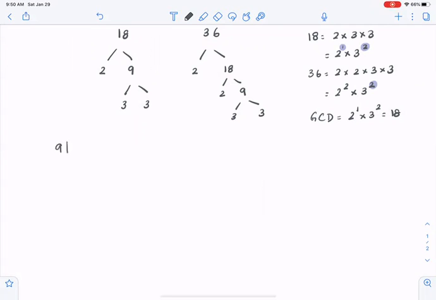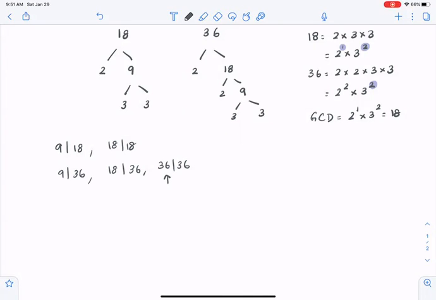Well, 9 divides 18, great. 18 divides 18 also. 9 divides 36. 18 divides 36. 36 divides 36. So the greatest number that is going to divide 36 is 36. The smallest number is actually 3.